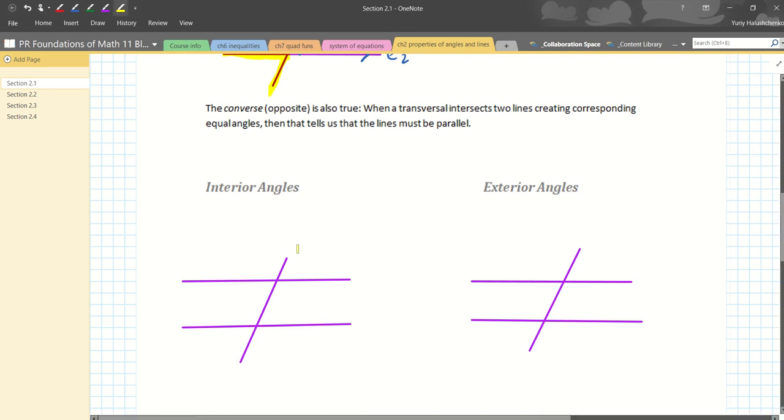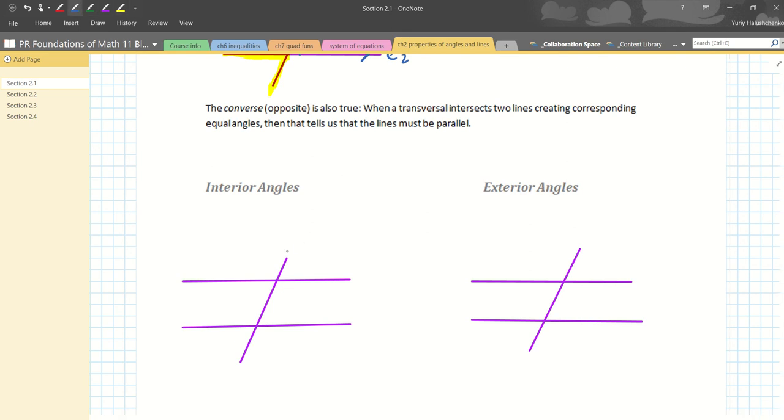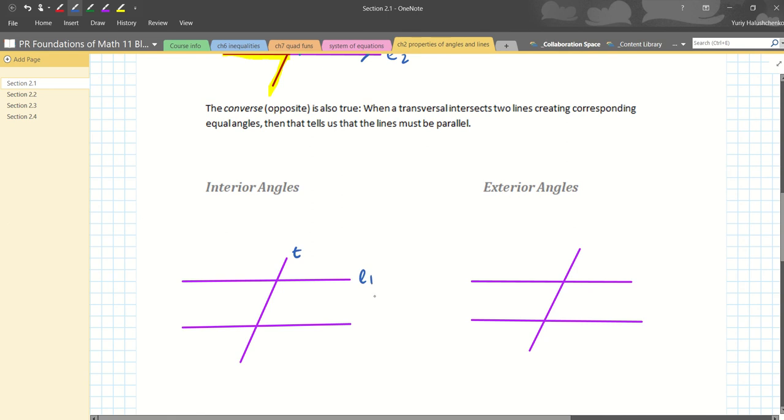So if we have our transversal, our L1, L2, interior angles are going to be located between the two lines. So this is going to be angles inside L1 and L2.